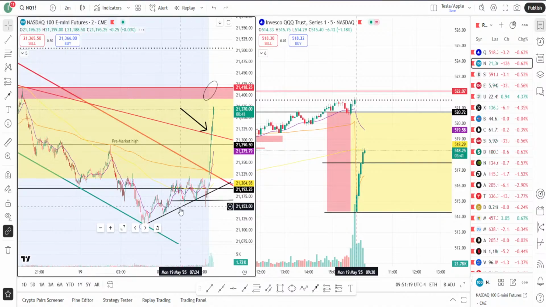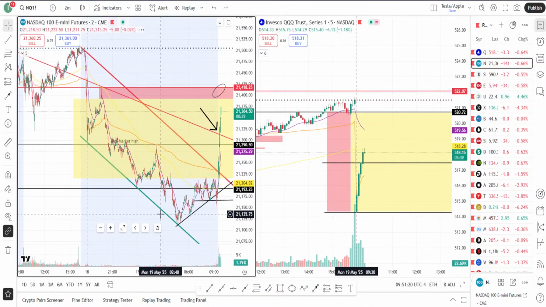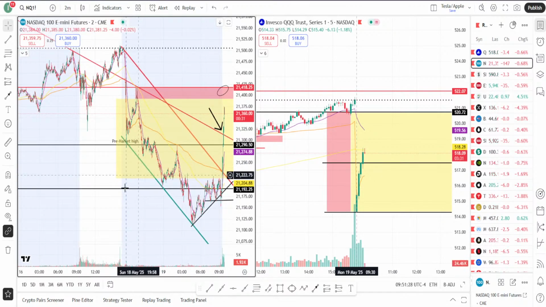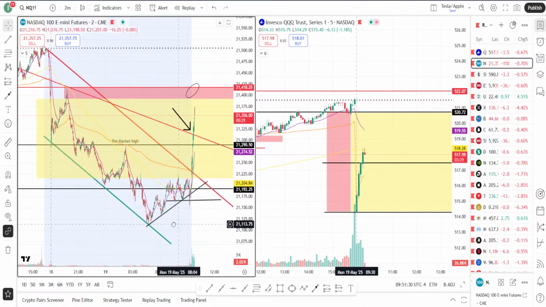Rip City, man. Rip City. Crazy that we get this move up like this after, you know, hearing all the bad stuff, bad news coming out, and the market is still ripped like this.